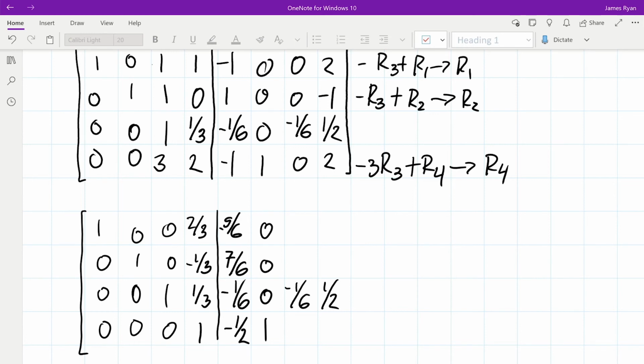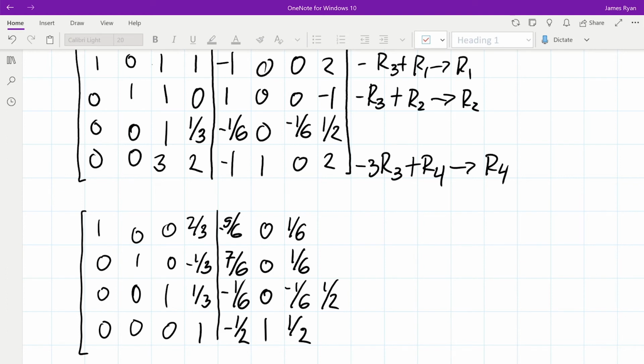Negative 1 over 6 times negative 1 plus 0. These will both be 1 over 6. And this will be negative 1 over 6 times negative 3 is 1/2, plus 0 is 1/2.